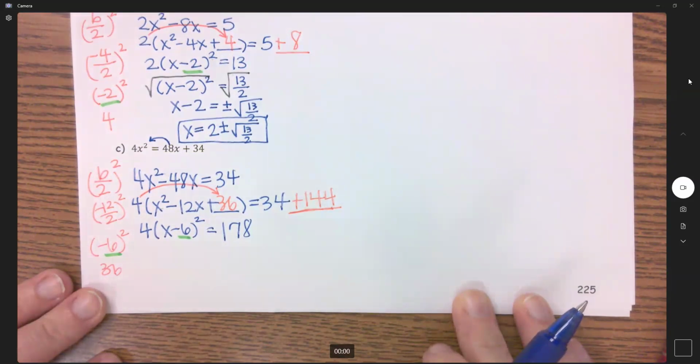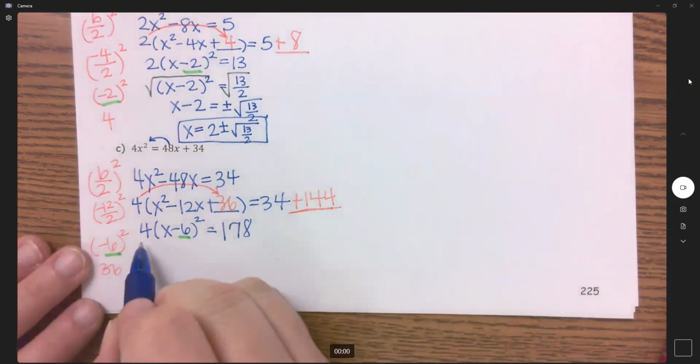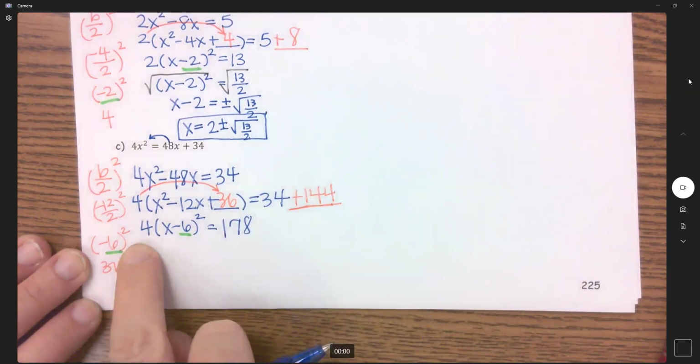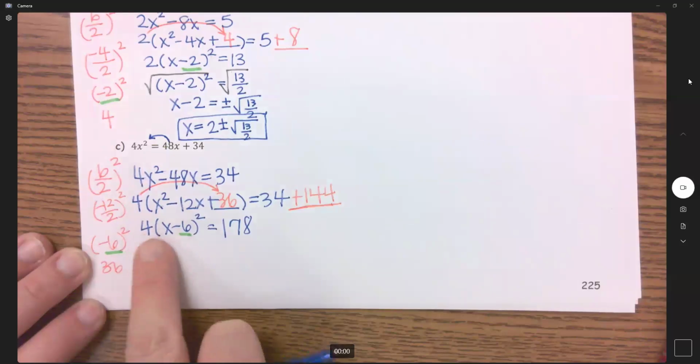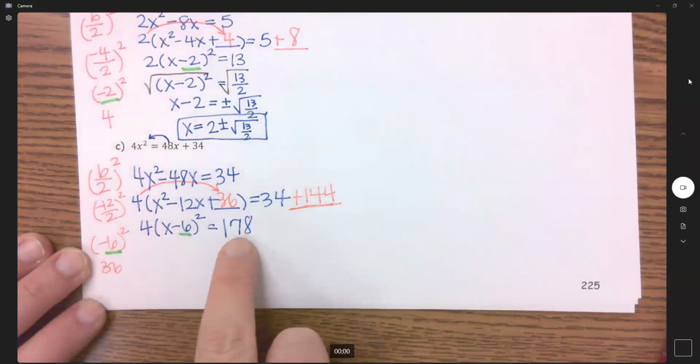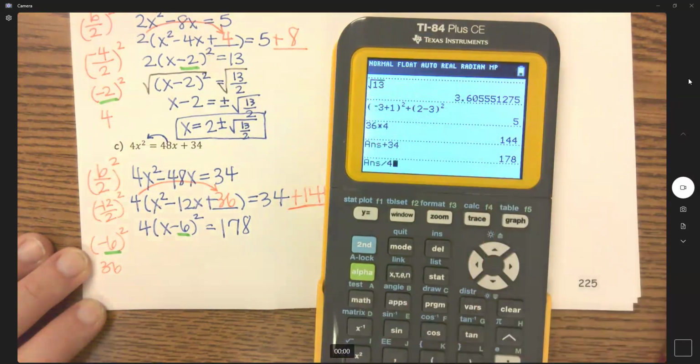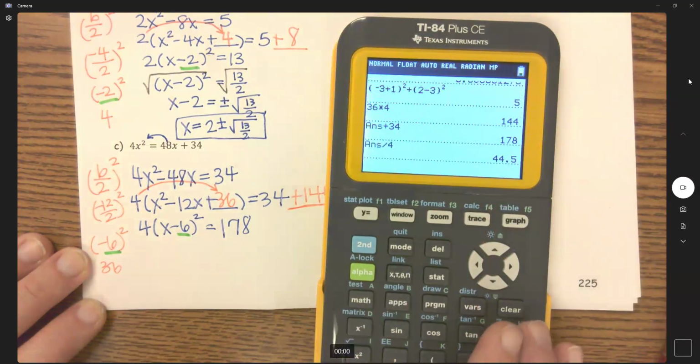Before I take the square root, which I kind of could here because the square root of 4 is 2, we're going to stick to what we've been doing and divide that over. So 178 right here divided by 4 is 44.5.